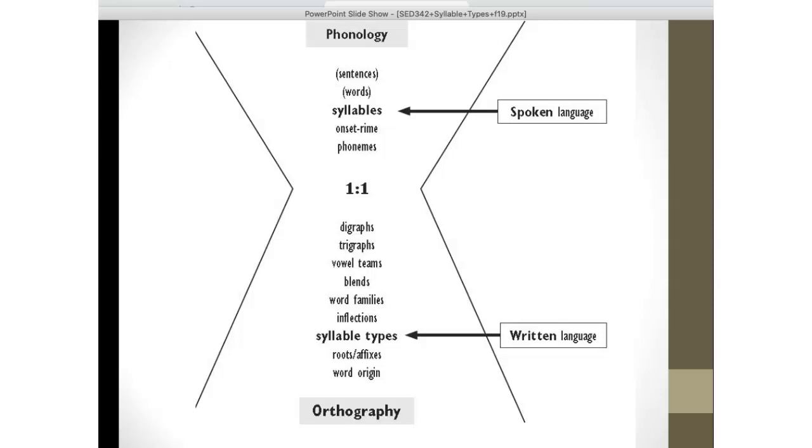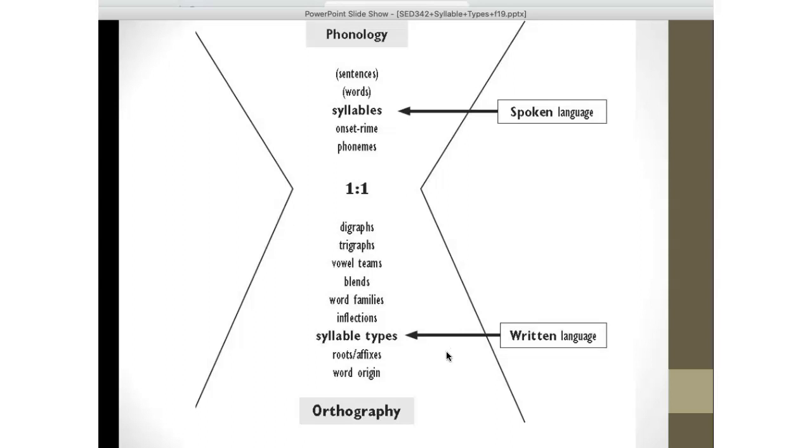So when we look at spoken language versus written language, you can see that syllables are in both of them. Syllables, when we talk about phonology, is the spoken language, as in how many syllables are in a word, whereas in written language, or orthography, it is the written part.